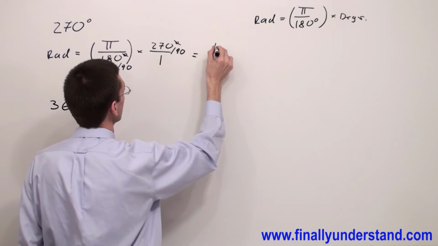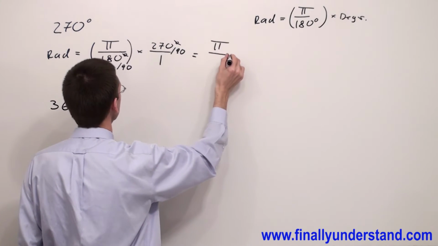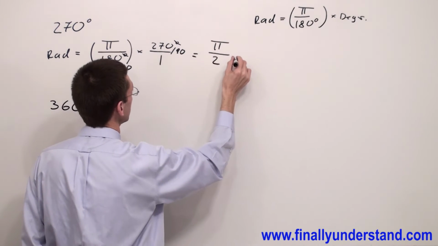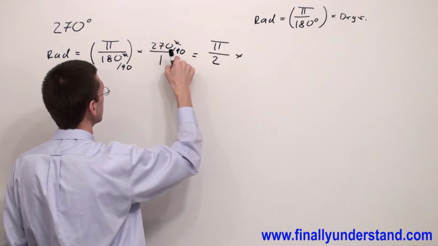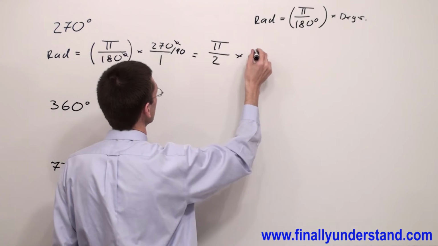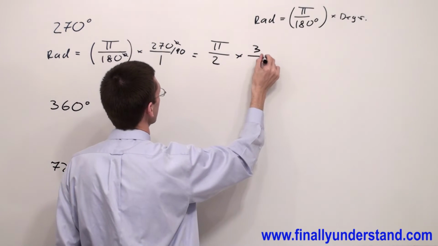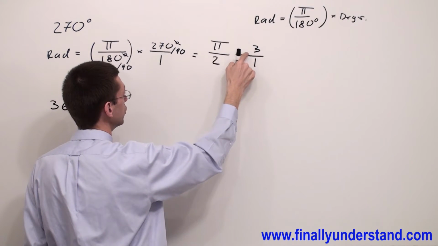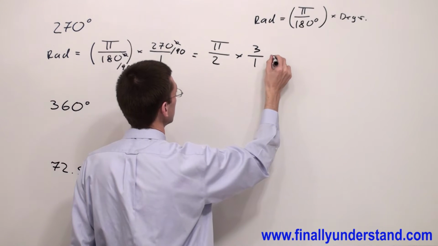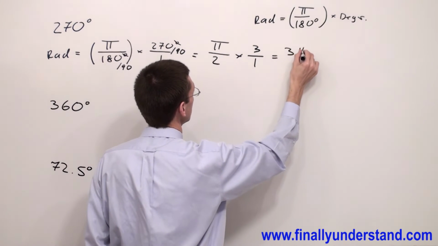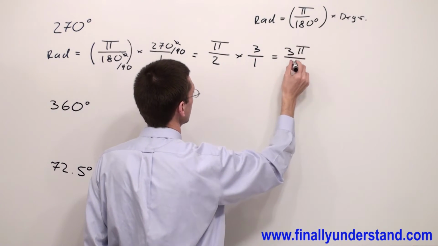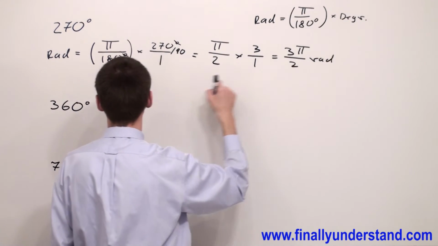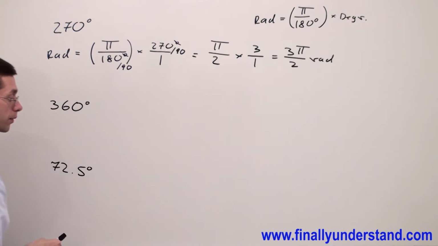I'm going to have pi over 180 divided by 90 is 2, times 270 divided by 90 is 3, and I copy down 1. Next I have to multiply numerator by numerator, denominator by the denominator. So I have 3 pi over 2 radians. This is the solution to this problem.